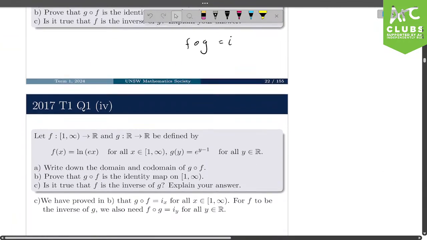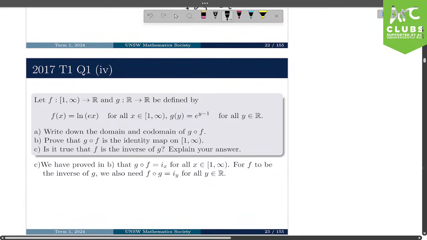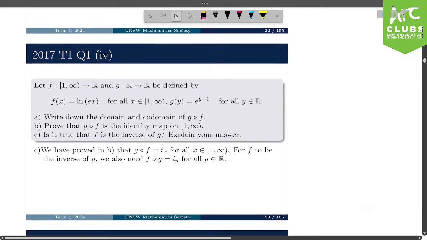And what we found in the previous part is that it's true. We have proven in B that g composed f is the identity map for all x on our domain. So for f to be the inverse of g, we also need f composed g to be the identity map too, right? Because it has to go both ways. They both have to be inverses of each other.